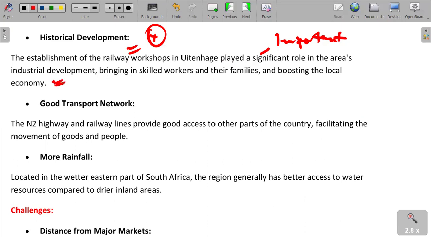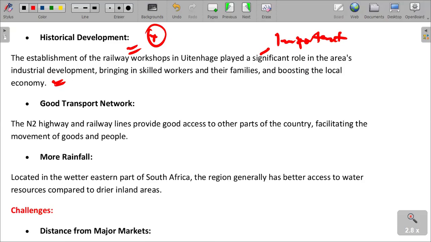So the local economy was developed also because of the railway workshop, whereby a skilled workforce was found in the areas, and their families, which means there was a large pool of workforce which would also boost the local economy. So we need to understand that.